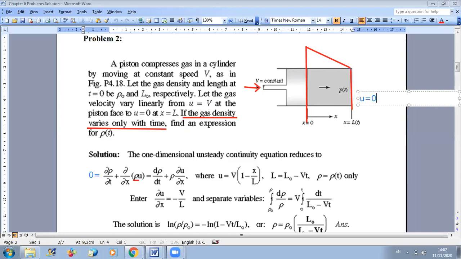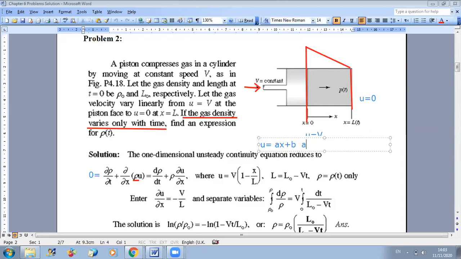Okay, so you have a linear variation and you have 2 points. So you know that to find the equation for a line you only need 2 points. So here our 2 points are: for x equals 0, u equal big V, and for x equal L, u equals 0. So if I write the equation in a linear form, I write that u is equal to ax plus b, where a is the slope.